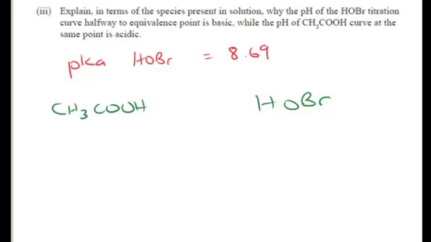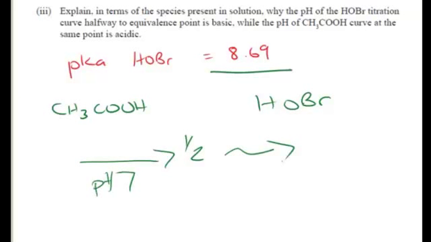Now obviously we know that the pKa for HOBr is 8.69, which means leading up to halfway to the equivalence point, it's going to have already passed a pH of 7, and past halfway it's just going to carry on being basic. Whereas with ethanoic acid, it's still acidic at this point, at halfway.